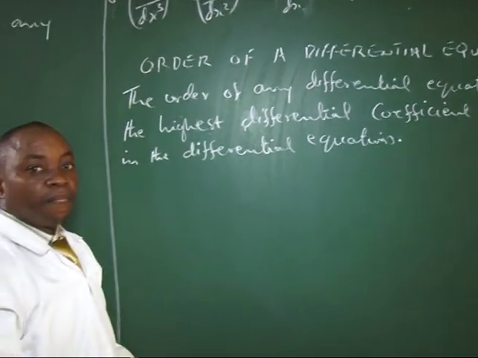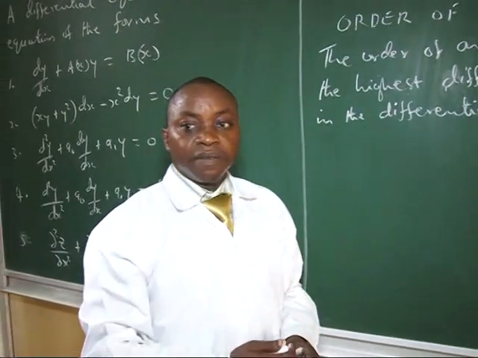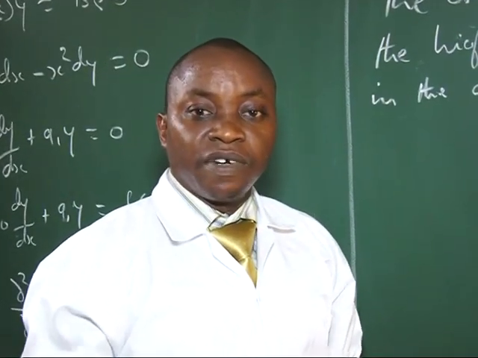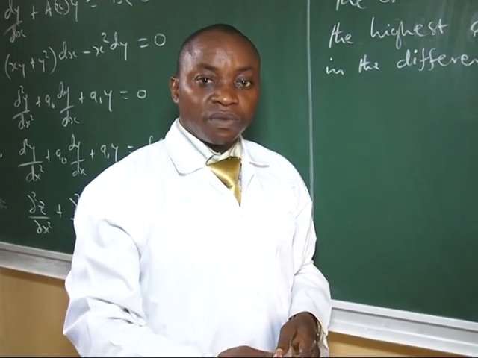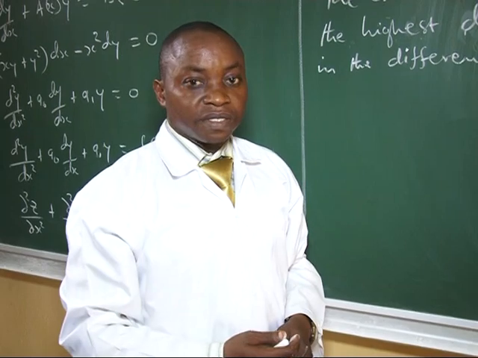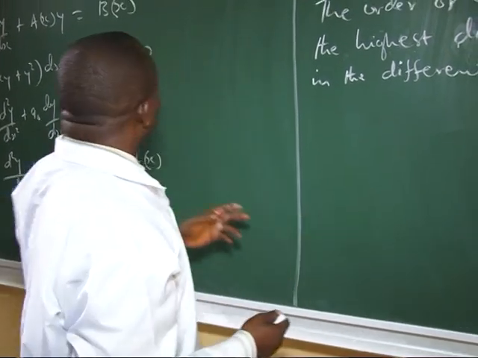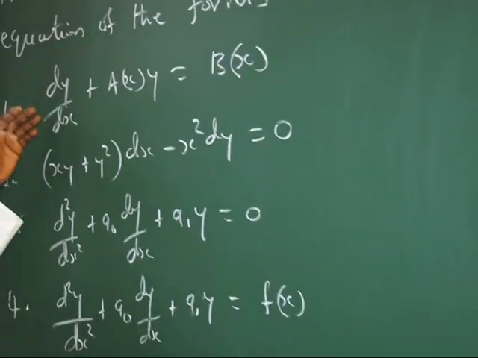equation. Now, it is assumed that the students are very familiar with elementary calculus, and that we should know what we call differential coefficients. All right, so differential coefficients is something like this.